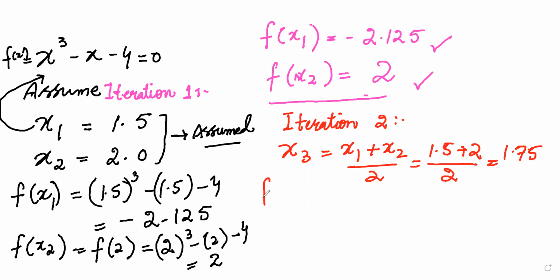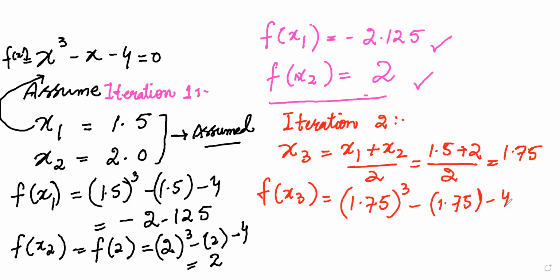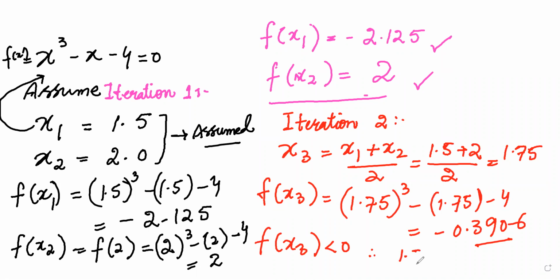Now we substitute this 1.75 back in the equation. f of x3 is 1.75 cube minus 1.75 minus 4, which comes out equal to minus 0.3906. Since f of x3 is less than 0, our new search interval will become 1.75 comma 2.